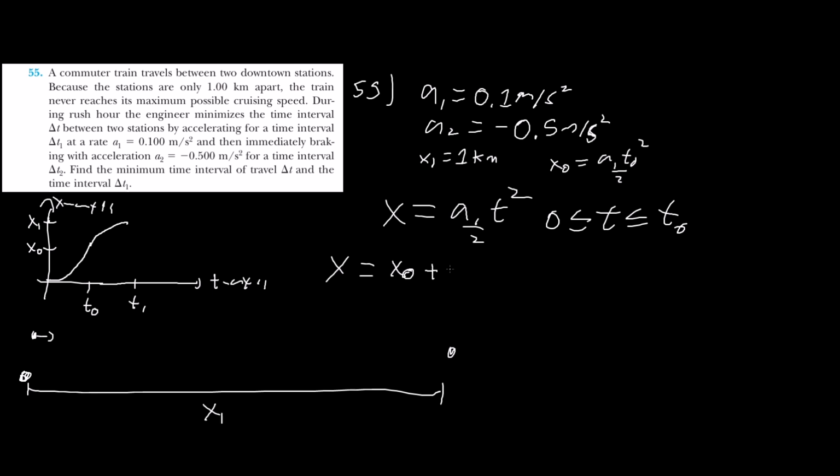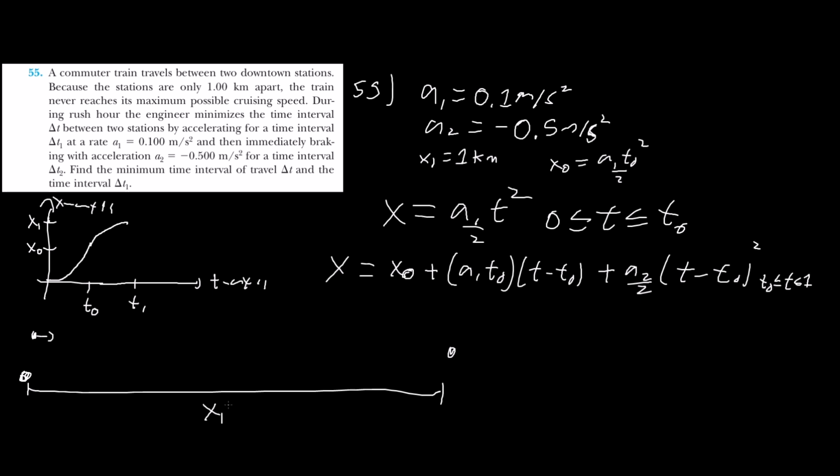Added to some final velocity, which I guess I can call v naught, or I'm just going to call it straight up a1 t naught. That's going to be the final velocity, and that's going to be the new initial velocity, times the time interval t minus t naught, plus a over 2 times t minus t naught squared, over the interval from t naught to t1.